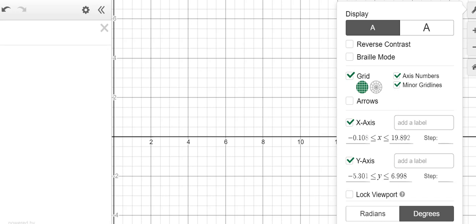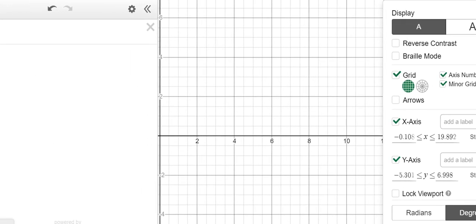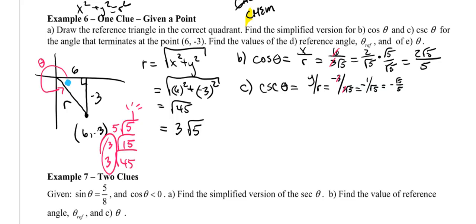So we'll do that, and we'll come back to this momentarily as we take a look at how to type that in. So first things first, we'll get our calculator set up, and then for this piece, the reference angle, now I'm given the coordinates 6 and 3. So that means I'm going to use arctangent of that ratio. So the opposite over the adjacent, or y over r.